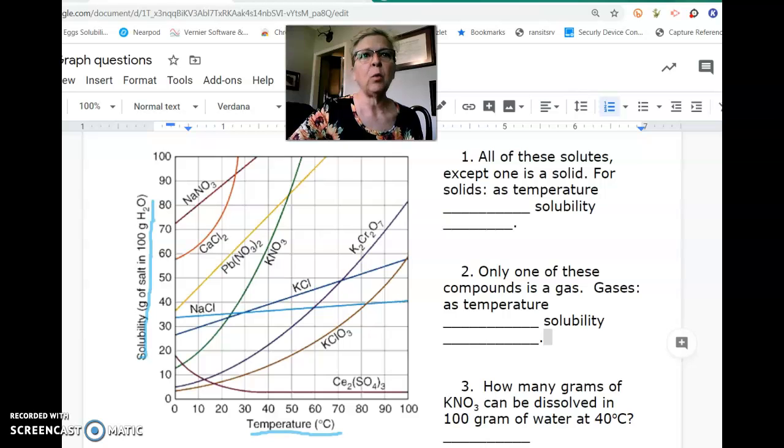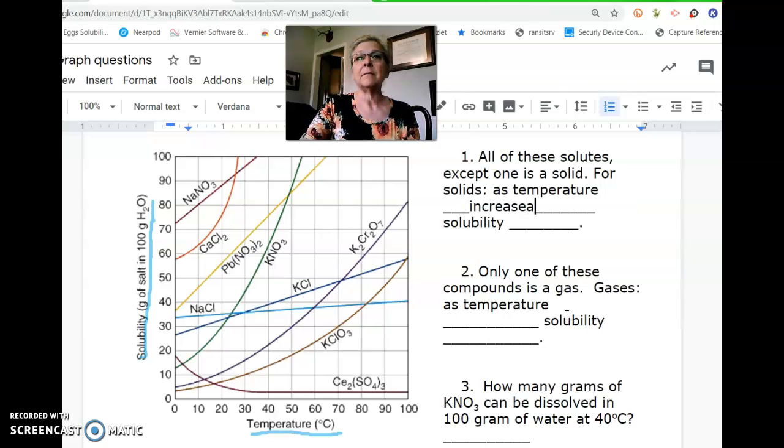It doesn't tell us which ones are solids and which ones are not, but I can see that all of these seem to have a positive slope except for one that has a negative slope. And if I look at how the scales change, a positive slope means that my solubility increases as my temperature increases. So it says for solids, as temperature increases, then solubility also increases.